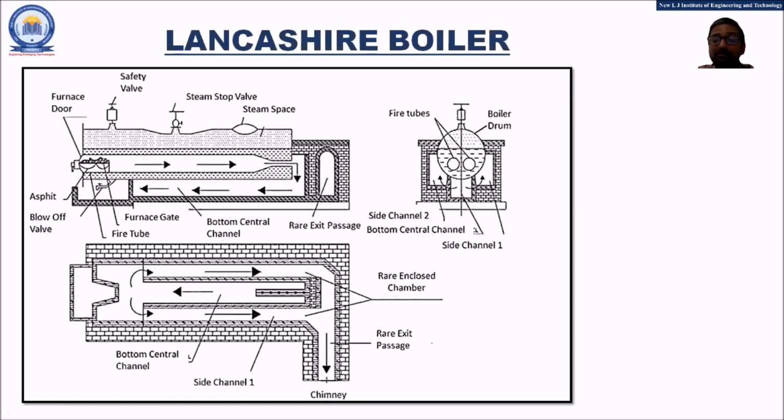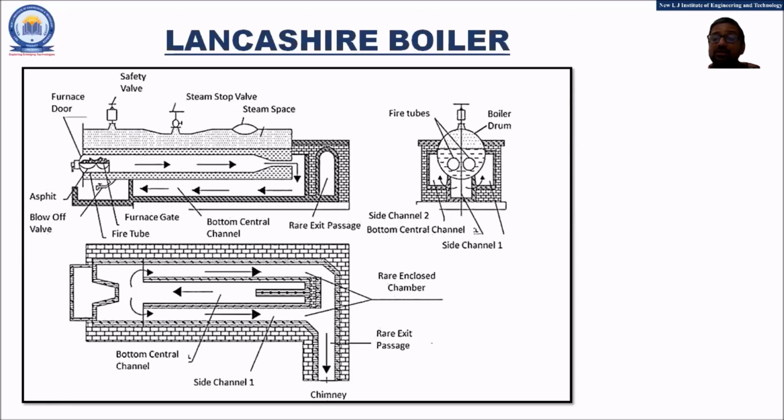So by the opening of the damper, the flue gases through the SF will be collected in the smoke chamber. Through the smoke chamber, they will be passed on to the chimney, and finally from the chimney, they will be released to the atmosphere.